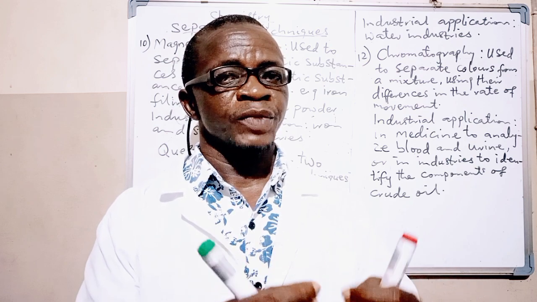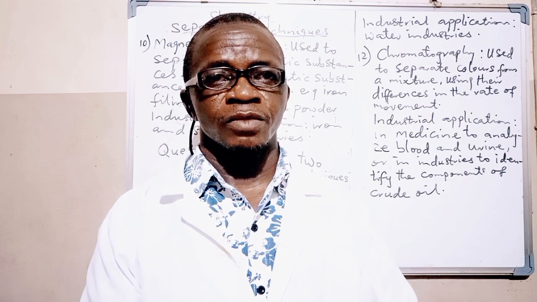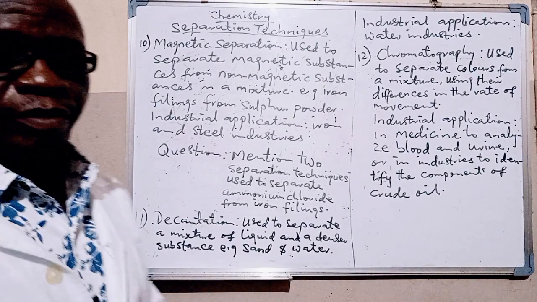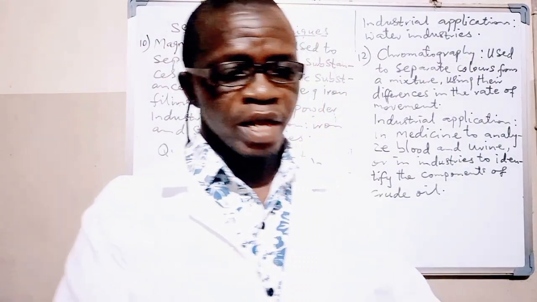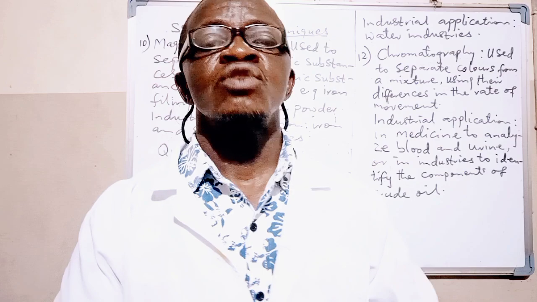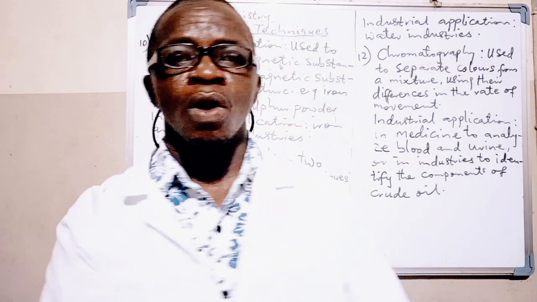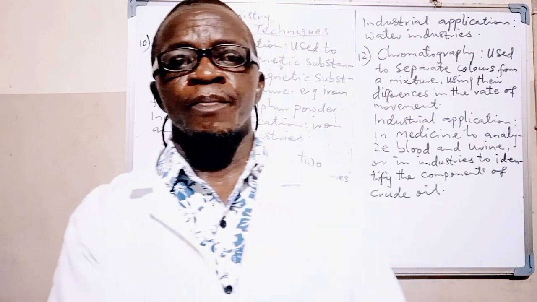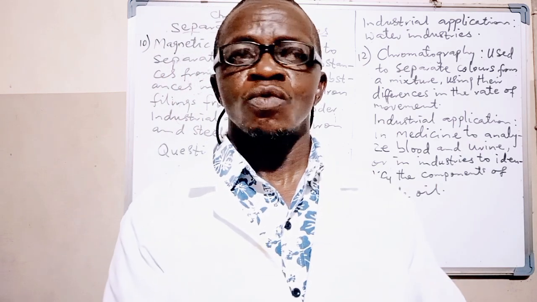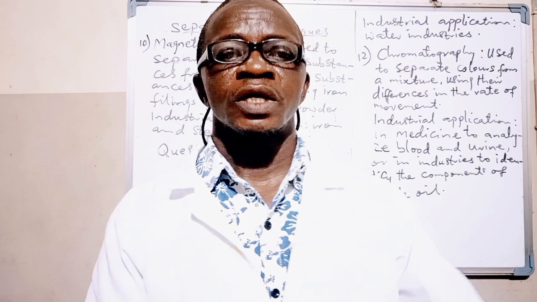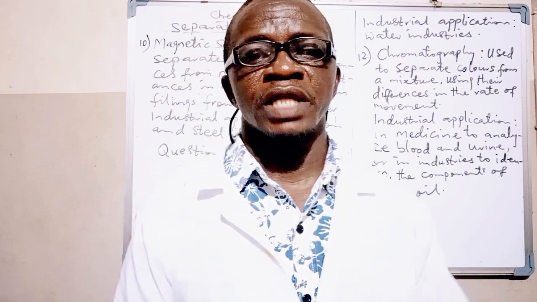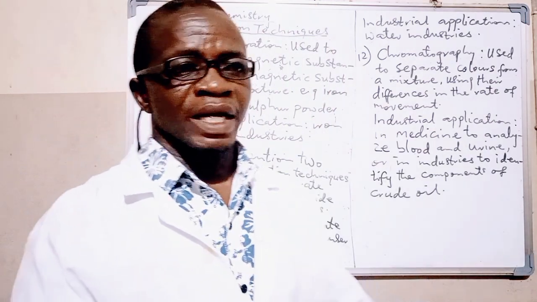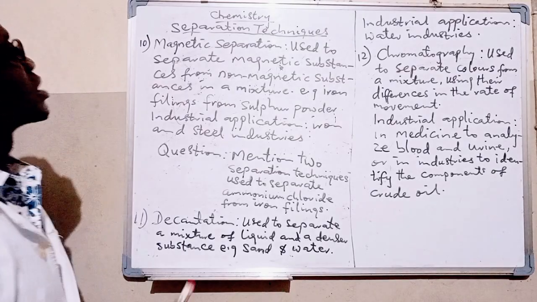Those particles are the iron filings that I'm talking about, tiny particles of iron. For example, where they are doing the filing, if you want to pick them up, you just bring a magnet and roll it on that place. It will catch the particles of iron and will not attract sand, because sand is a non-magnetic substance. So you can use that to separate magnetic substances from non-magnetic substances.